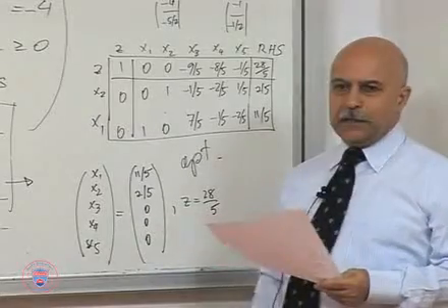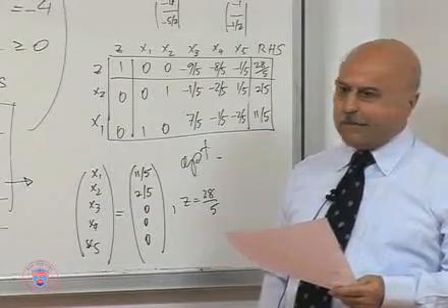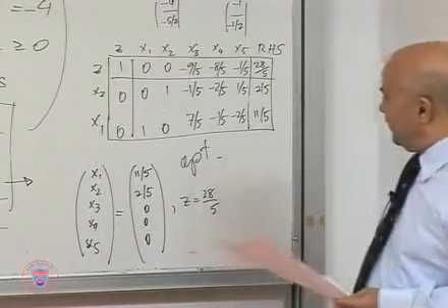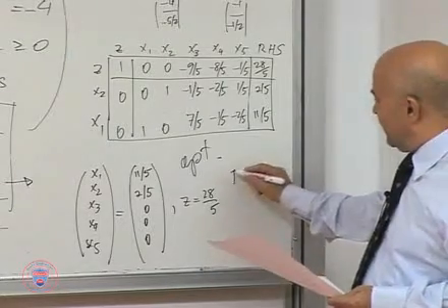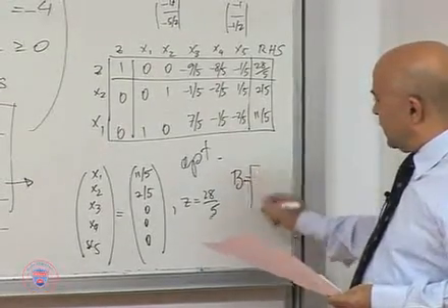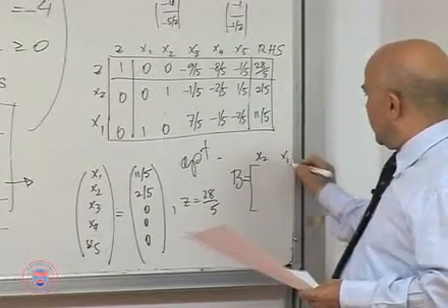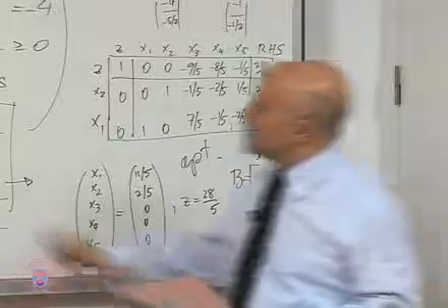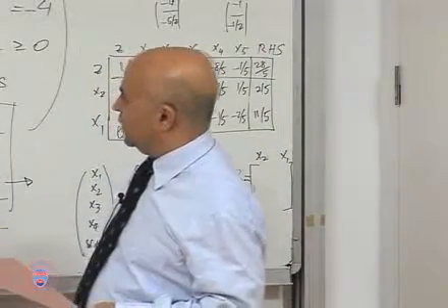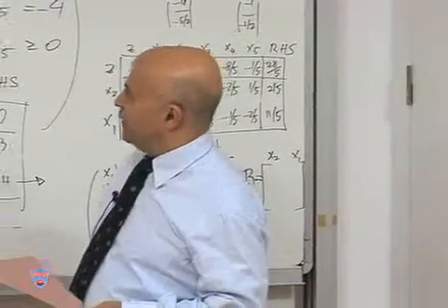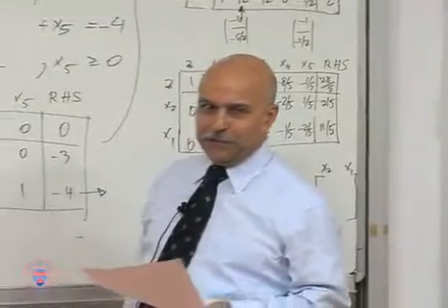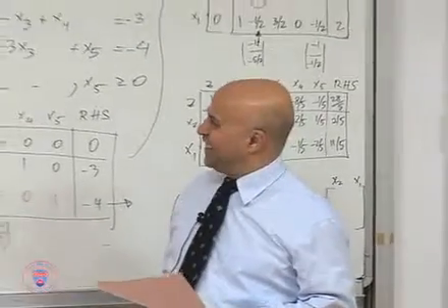What is the optimal basis? The columns associated with x2 and x1. The x2 column is, where's my... Is it -2, 1 or 2, 1? Which one?